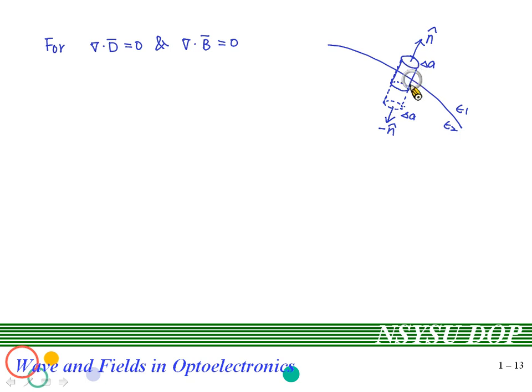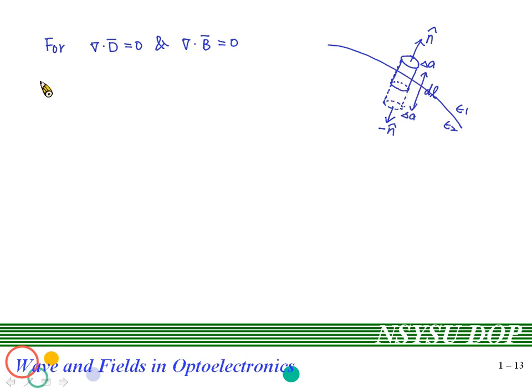Besides, the third surface is the sidewall surface. We define the height of the cylinder as dl. And now we would like to perform the volume integral of this equation in the cylinder.